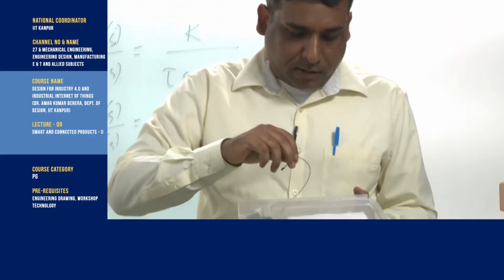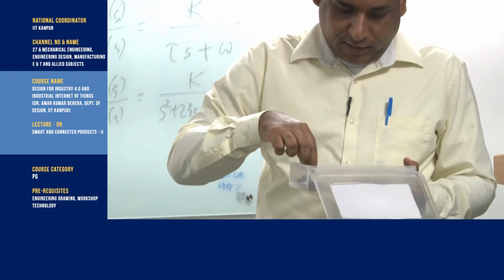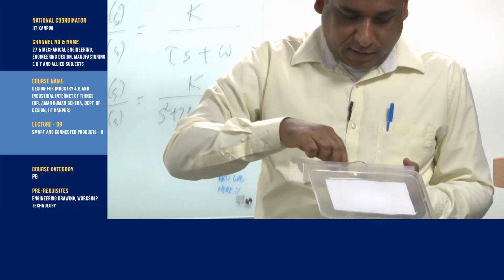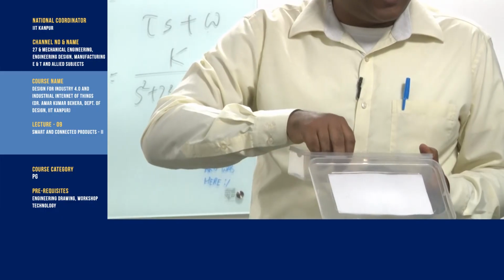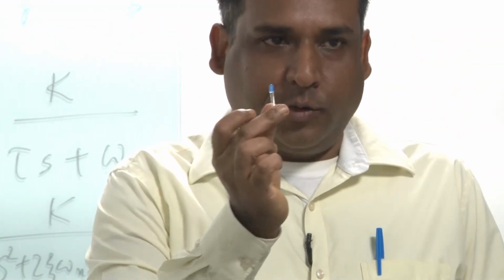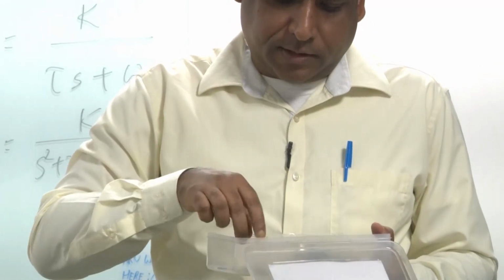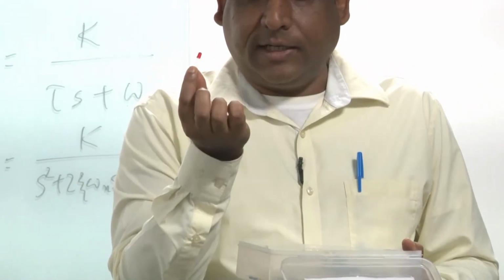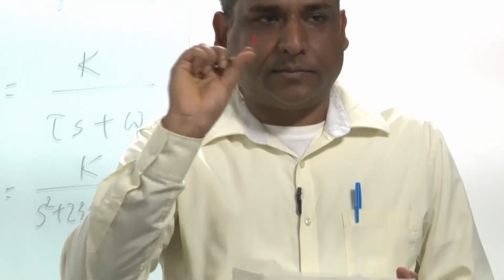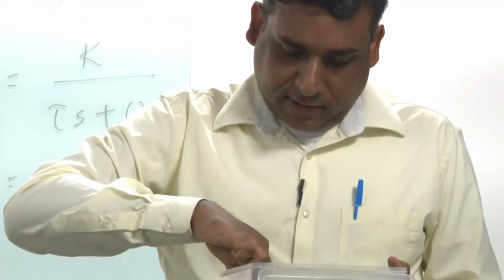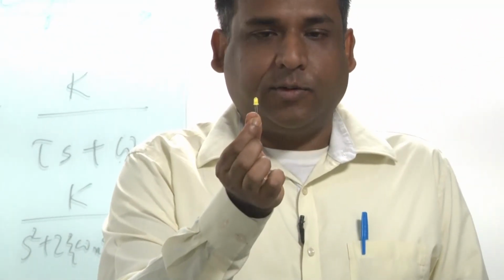So, very basic and elementary, and there are LEDs of 3 different colors. This is a blue LED, this is a red LED, and this is a yellow LED.